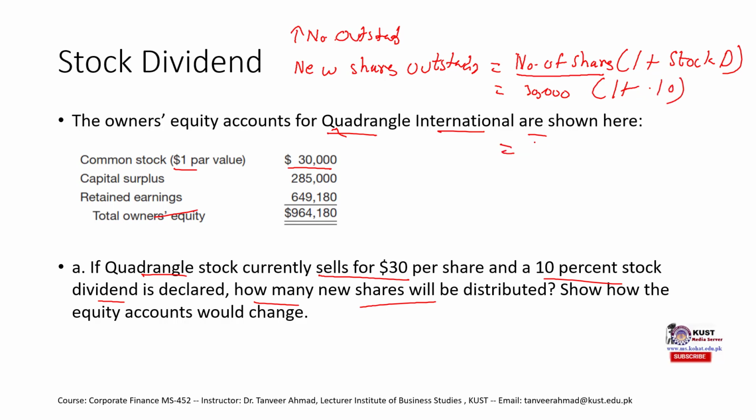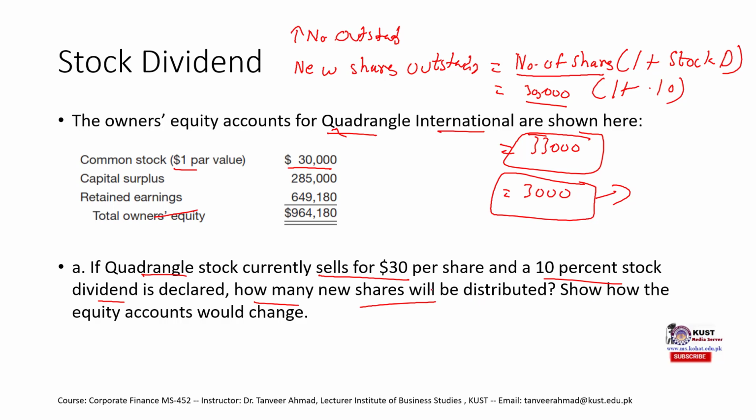The answer would be 33,000. So the new shares outstanding, or the total shares outstanding after stock dividend, would be 33,000. Previously it was 30,000. So obviously the difference between this amount would be the increase in shares outstanding, right? So how many new shares would be distributed? The 3,000 new shares would be distributed.